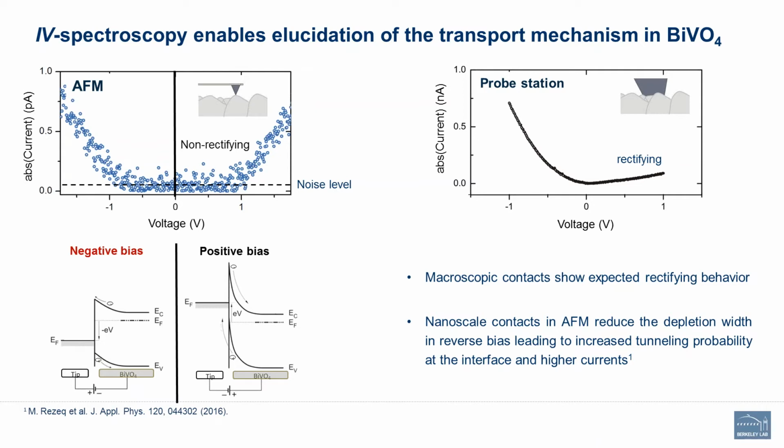The nano-Schottky contact depletes the BiVO4, or reduces the depletion region at the surface, and with that it increases the tunneling probability, which in turn leads to an increased current in the reverse bias regime, and that's exactly what we observe in our measurements. So that's always something we have to keep in mind when we perform photoconductive AFM measurements, that we might have the formation of a nanoscale Schottky contact at the surface, which can lead to changes in the IV curves.